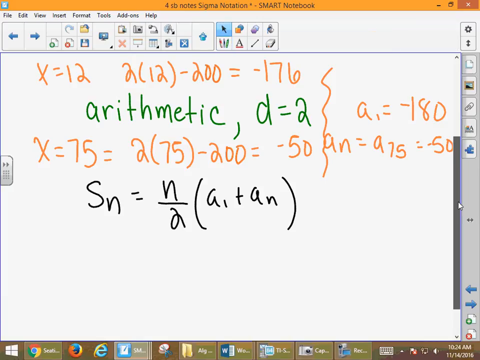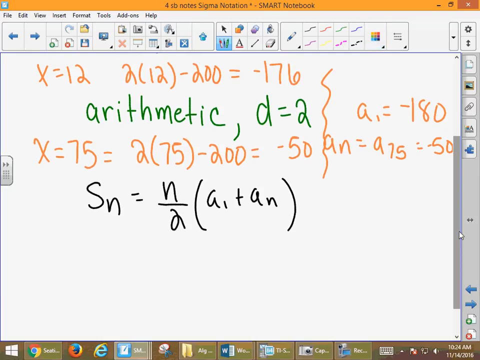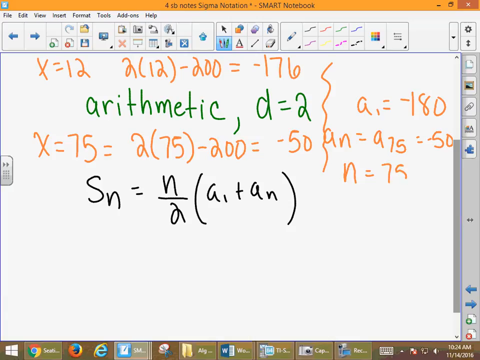And that is, well, what does n equal? What n equals here is going to be our last value, which is 75, minus our first value, which is 10.